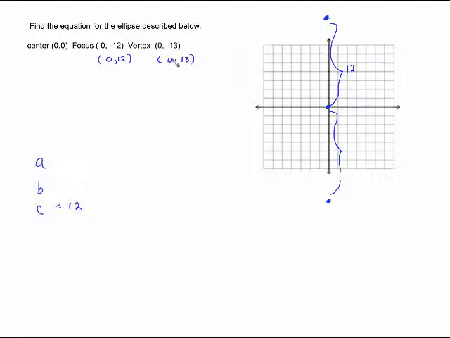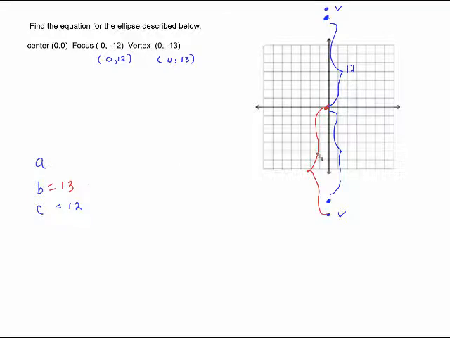With the vertex, I'm going to have one up at 0, positive 13. I'll put a little V on that. And one down here at 0, negative 13. Same idea, if I count from the center down to that vertex, that is a total distance of 13 units, and that is being counted in a vertical fashion, therefore B is 13.